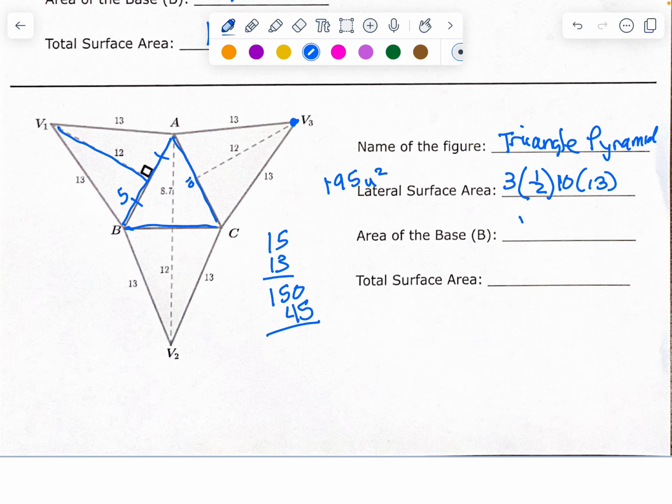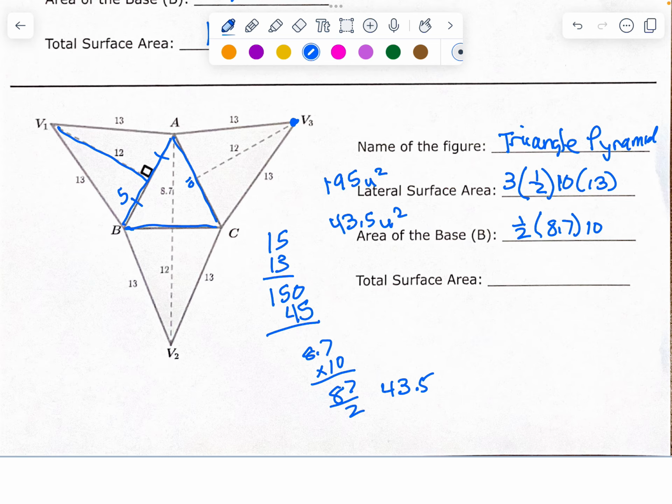The area of the base is 1/2 of 8.7 times 10. 8.7 times 10 is 87, and then half of it is 43.5 units squared.